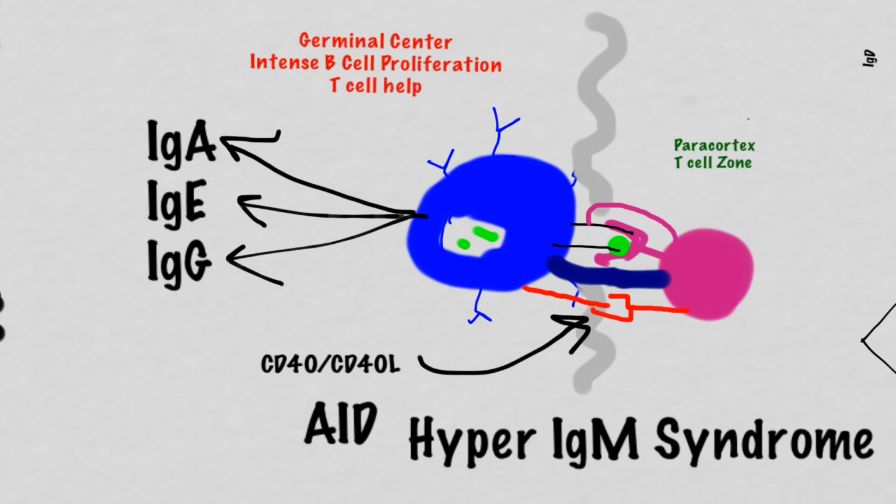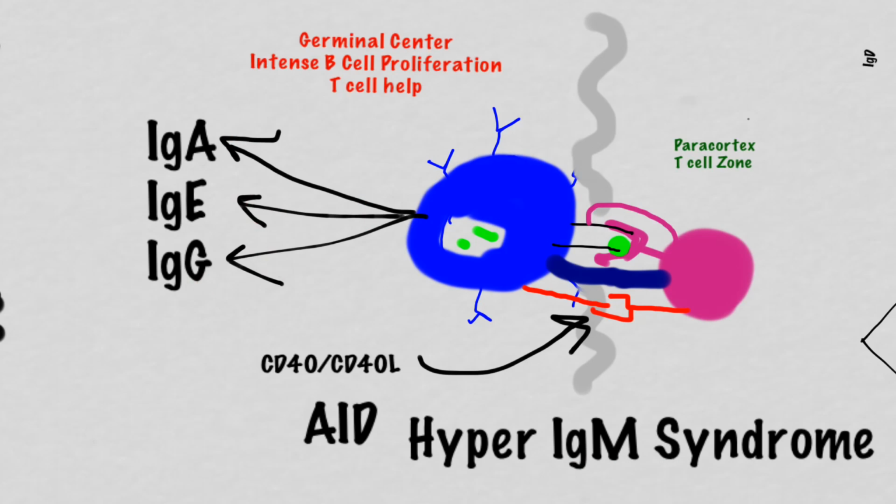The patients that have hyper-IgM syndrome are unable to class switch from IgM to any of these other classes. So they have a fully normal complement of mature B cells. These B cells all have B cell receptors that are functional, but they can't really form memory B cells, and they also can only make IgM because they can't class switch.